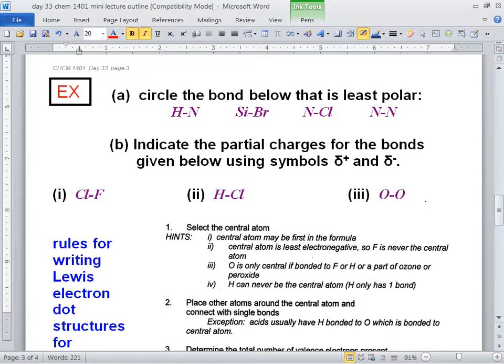N. Everybody agree? Yeah, they're exactly the same. How about let's change it around. Which one is the most polar? Emily, how would you answer that one? Which one is the most polar? That might be a hard question.